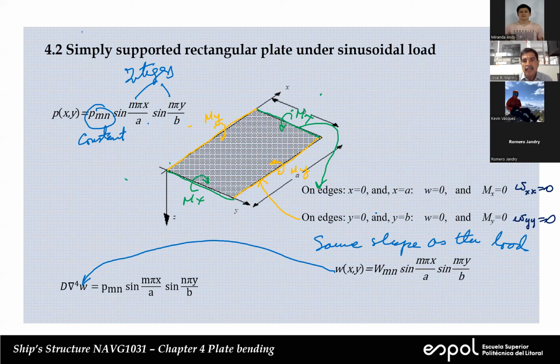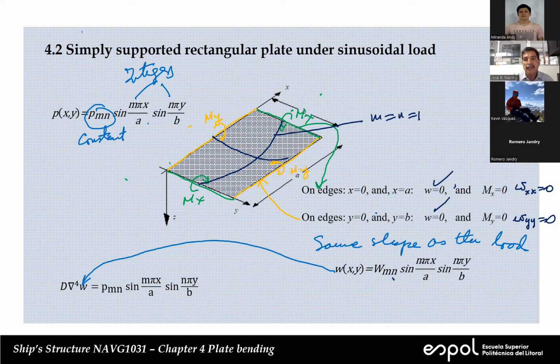And we see immediately that this function, if you draw it, for example, for m equal to 1 and n equal to 1, which is the simplest case, will be something like this. So this is for m and n value 1. You see that immediately we satisfy this boundary condition.